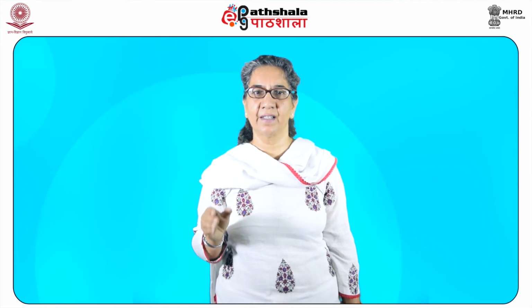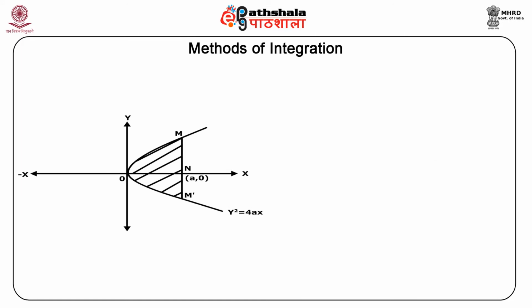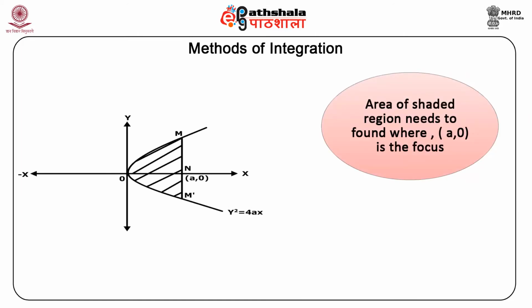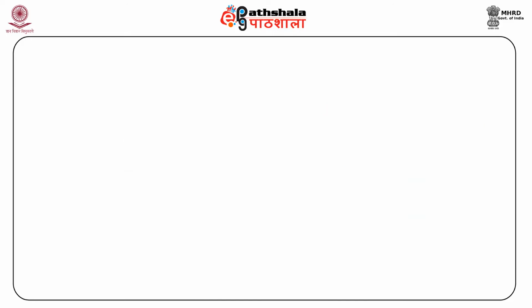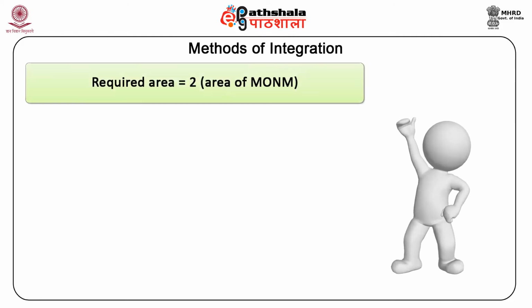Example: find the area bounded by the parabola y squared equal to 4ax and its latus rectum. The area of the shaded region needs to be found, where A, 0 is the focus. The curve is symmetrical about the x-axis, and the required area is MOM'M. So the required area is equal to 2 times the area of MONM.